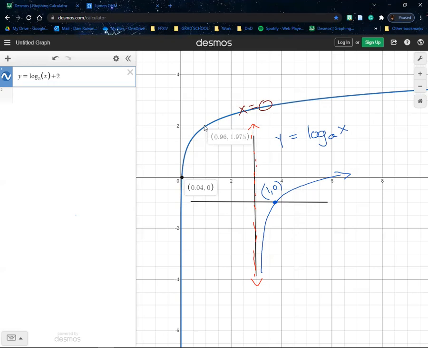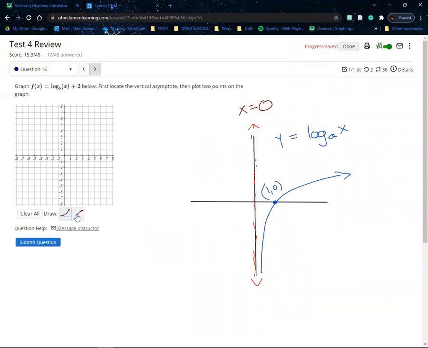Definitely shifted, right? What is our asymptote though? It's still 0. So it got shifted up, right? But the asymptote is still x equals 0. That didn't change. So again, with this, you do the asymptote first.